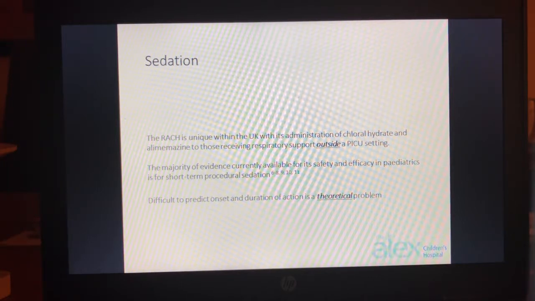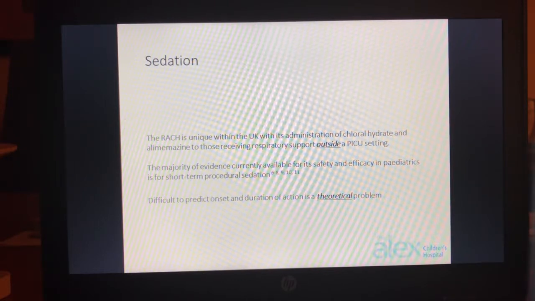We know that it might be a bit difficult to predict the onset and the duration of the action, and there's an issue with chloral hydrate in particular, a cumulative effect after several doses. So there are a number of reasons to question: is it okay to do what we're doing?